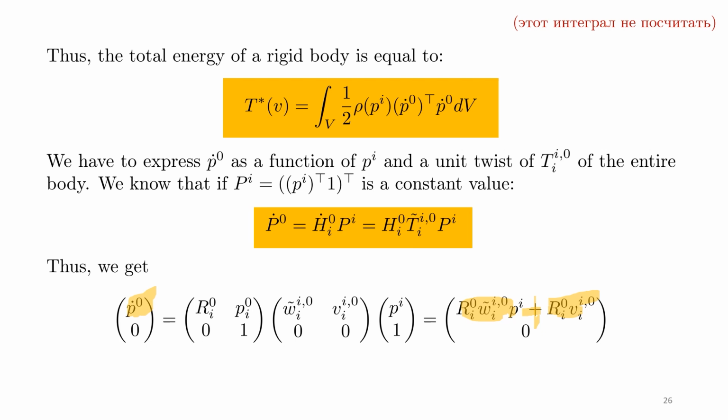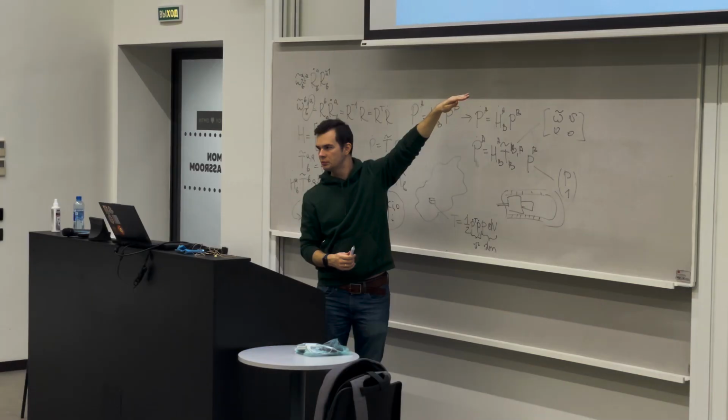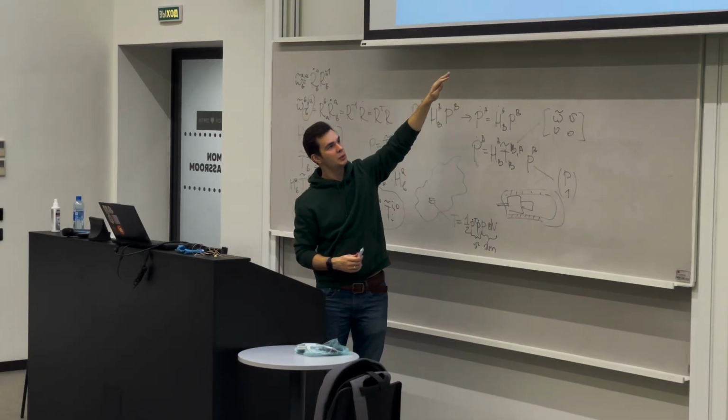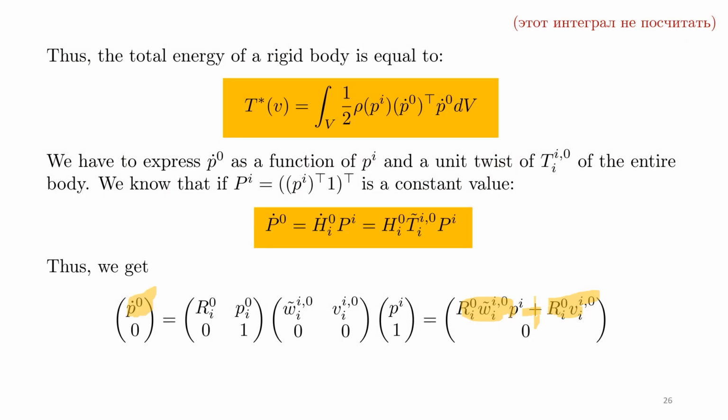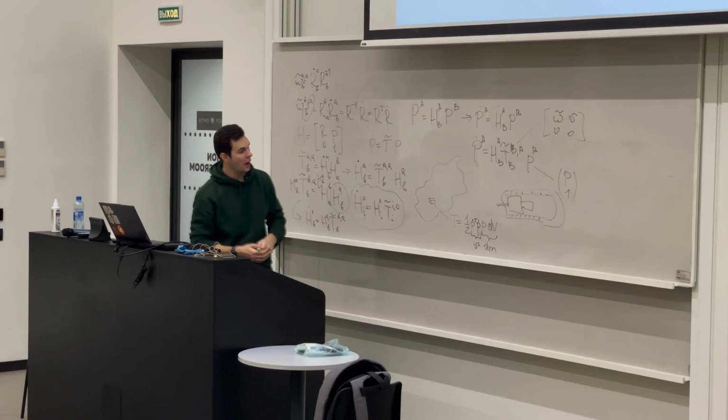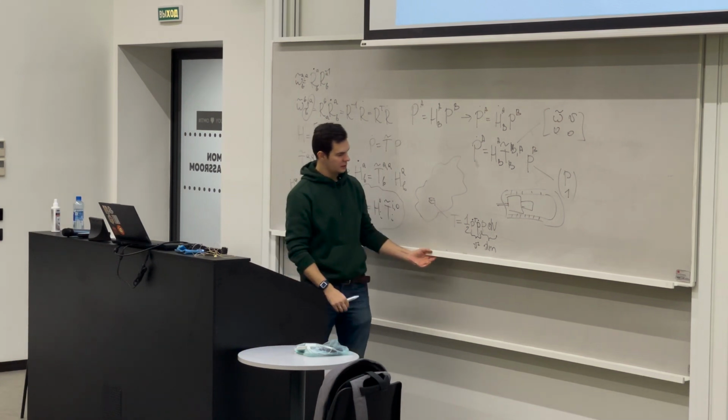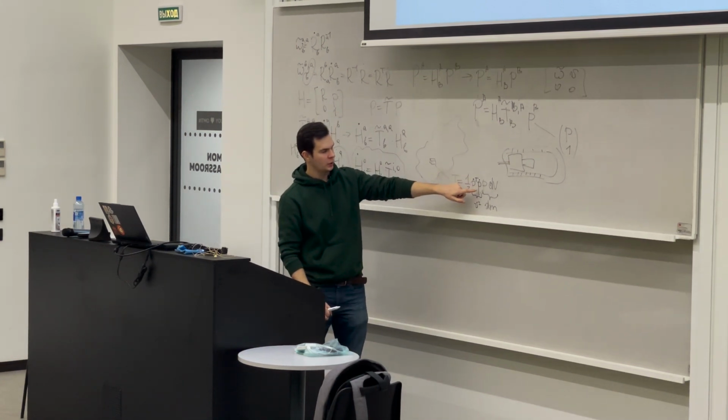I hope that you do understand this expression. And if we do the multiplication, we will be left with this component. P dot will be equal to this term plus this term. Do you agree? And it will be nothing else as something that we are going to put here.